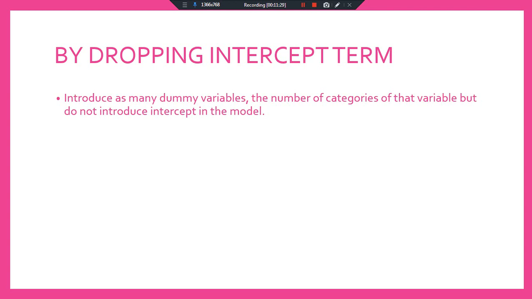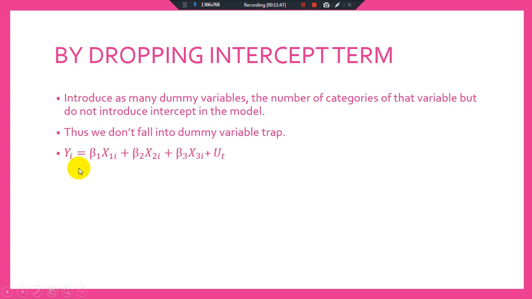The first one is by dropping the intercept term. Introduce as many dummy variables as the number of categories you have for your variable, but do not introduce an intercept in the model. In this way you cannot fall into a dummy variable trap. Like you have a model here, y is equal to beta 1 x1i plus beta 2 x2i plus beta 3 x3i, and you are including dummy variables for x2 and x3.